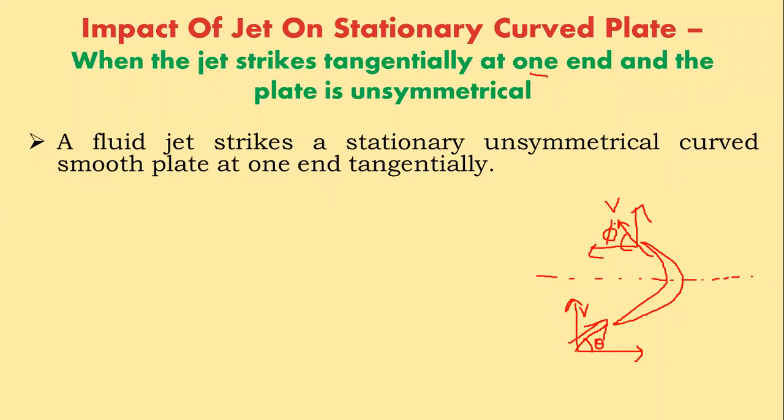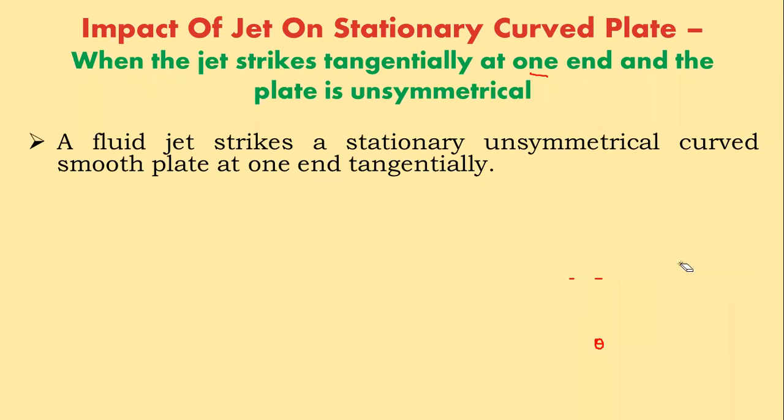We will assume that the angle is phi. That is the only difference between symmetrical and unsymmetrical. We have different inlet angle and outlet angle. In the symmetrical part, we had the same inlet and outlet angle, but here we'll have different. So let us study it.